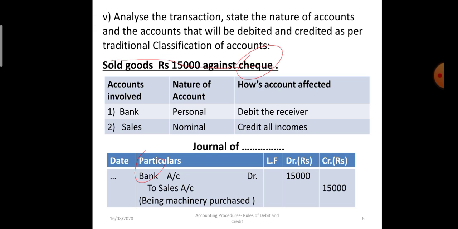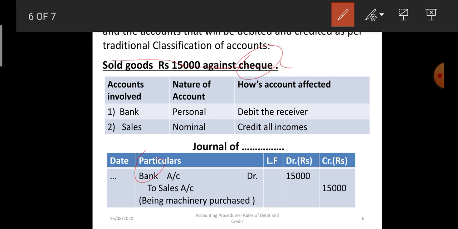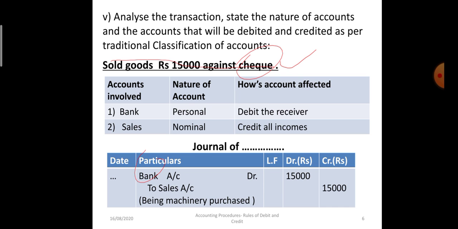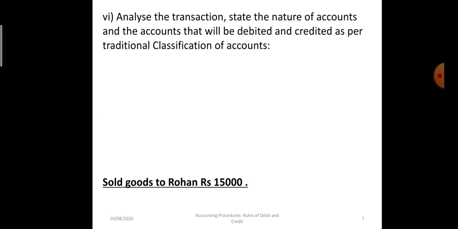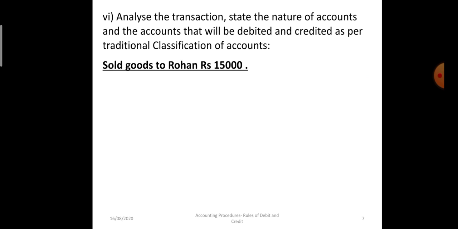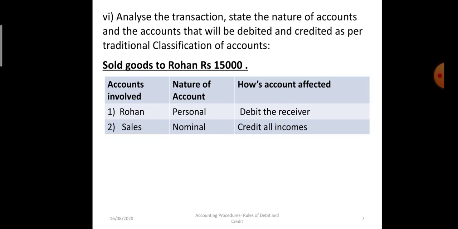Now remember this transaction and the next one which is going to be asked in the next slide. Sold goods to Rohan, rupees 15,000. The name Rohan is there, so we will consider it as a credit transaction. The accounts involved are Rohan and sales.